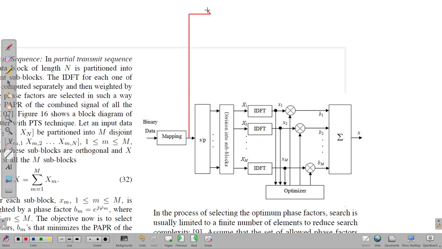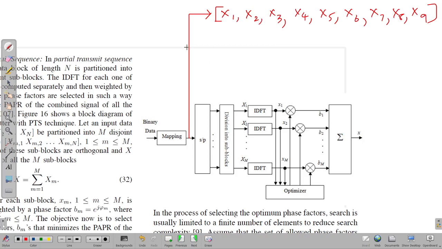You have these modulated symbols X1, X2 up to, okay, let me just be more specific: X3, X4, X5, X6, X7, X8, X9. Okay, so I'm just taking a specific example. It could be any value. I've just taken a 9-point sequence here.